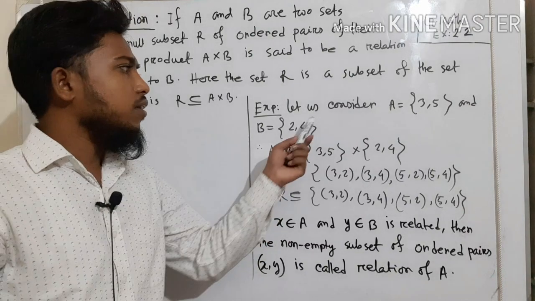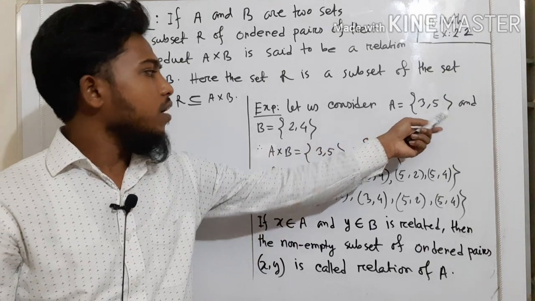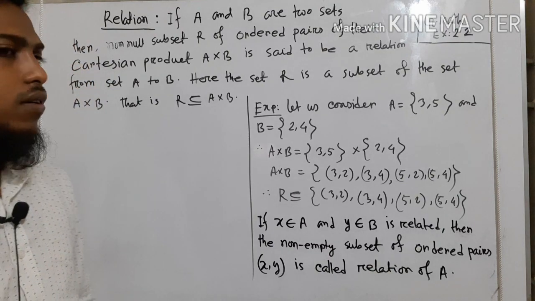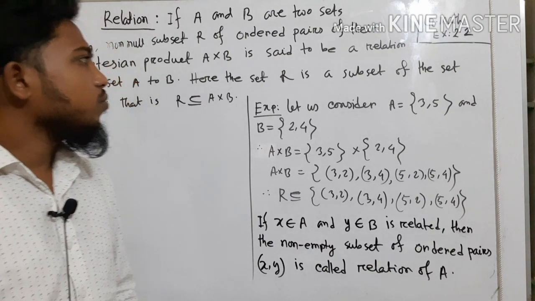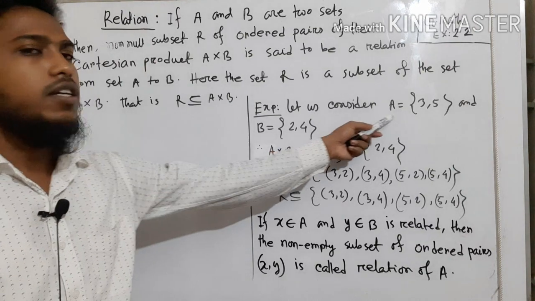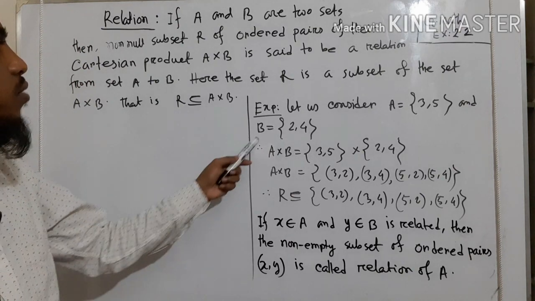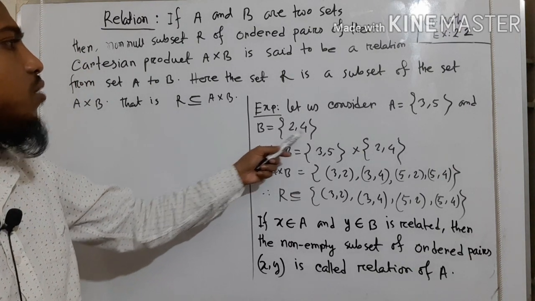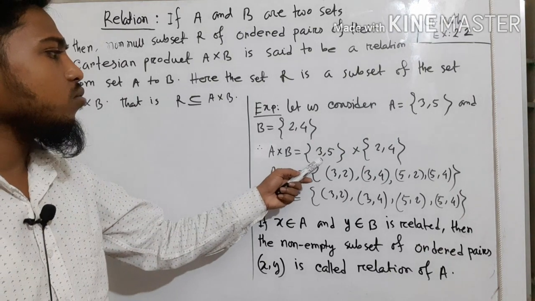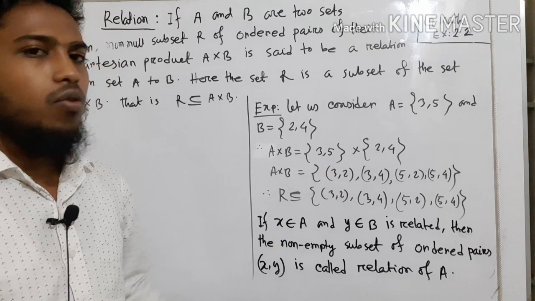Example: let us consider A equal to 3, 5 and B equal to 2, 4. So if you find the relation between two sets A and B, first of all you have to find the Cartesian product between the two sets. So A cross B equal to 3, 5 cross 2, 4.